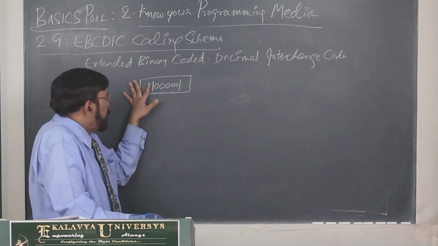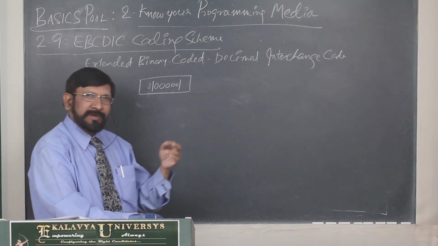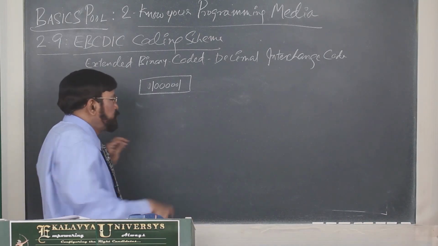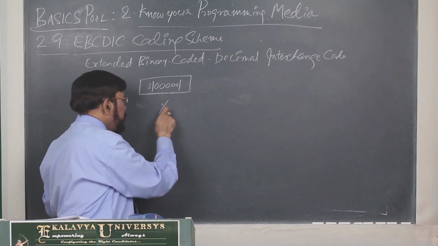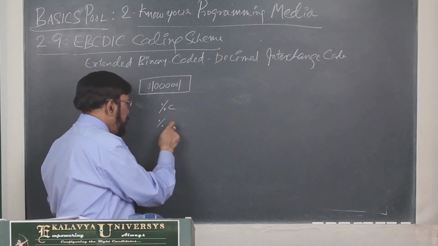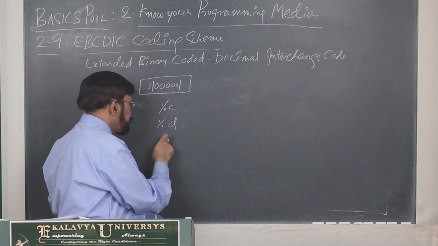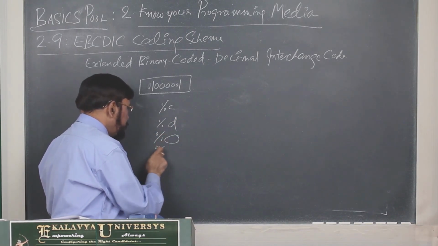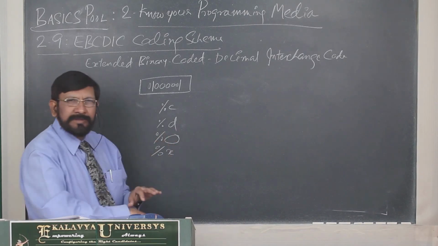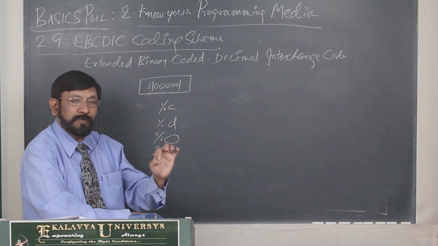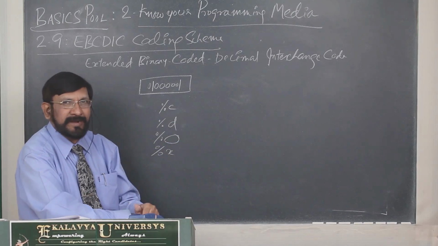Remember that. Now, in C language, we use different conversion codes: %c, %d, %o, %x. These are the different conversion codes we use in a C program to display characters.